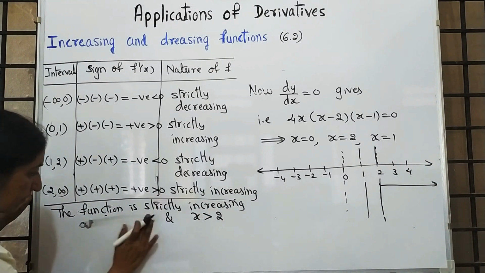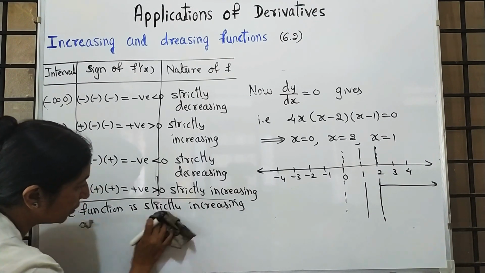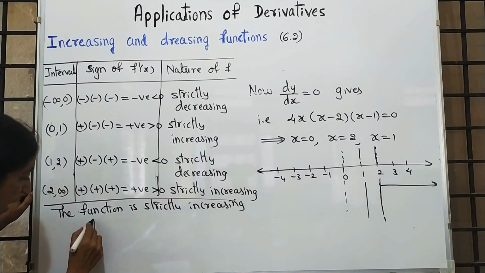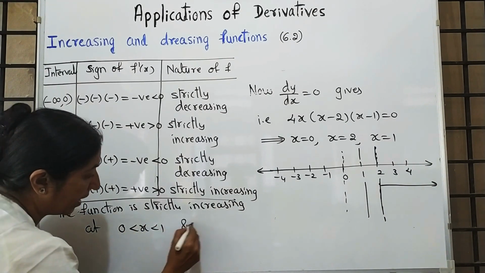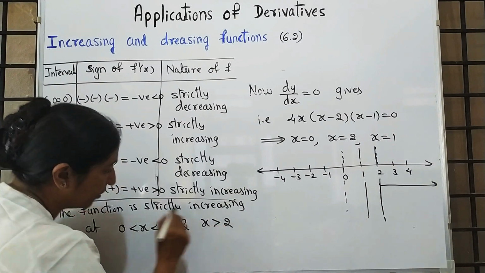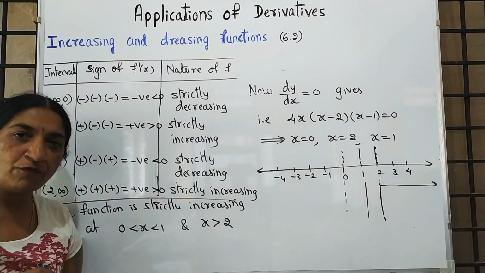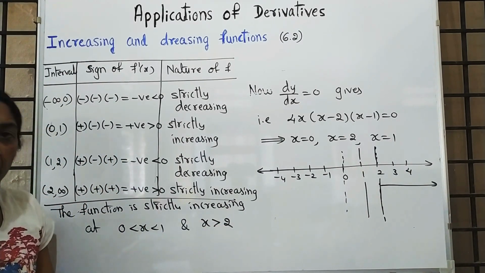So the function is strictly increasing when x is lying between 0 to 1 and x is greater than 2. So, these are the values of x. Now, moving to the next question.